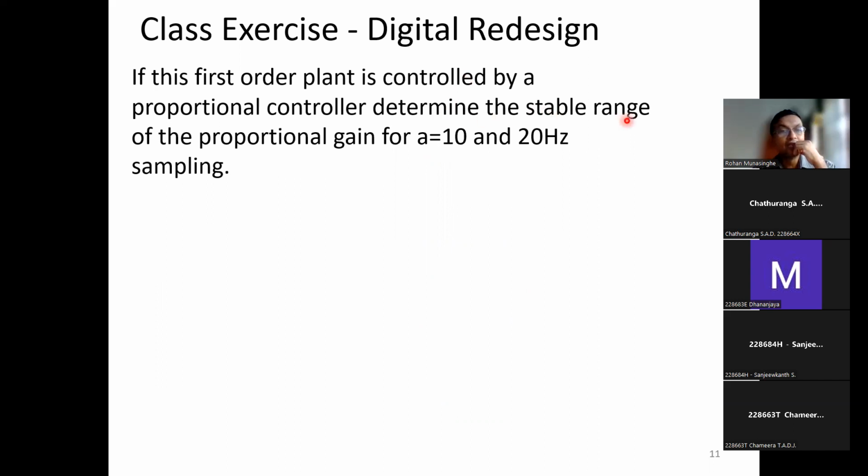Determine the stable range of the proportional gain for a equals 10, because there was an a there, that is the pole of the plant, and 20 hertz sampling. So assuming you are getting the samples at 20 hertz, what is the stable range for the proportional gain? That is the design problem.